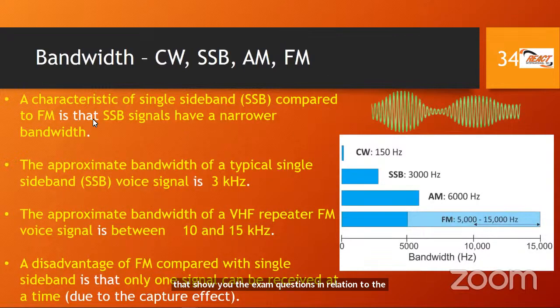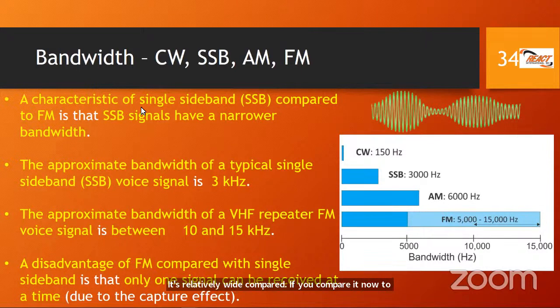All right, so here we go. For the exam, we need to know that a characteristic of single sideband compared to FM is that single sideband has a narrower bandwidth. Let's check that out. Let's dissect that. So this is our single sideband bandwidth here. See how kind of wide it is. It's relatively wide, but if you compare it now to FM, which is even wider.